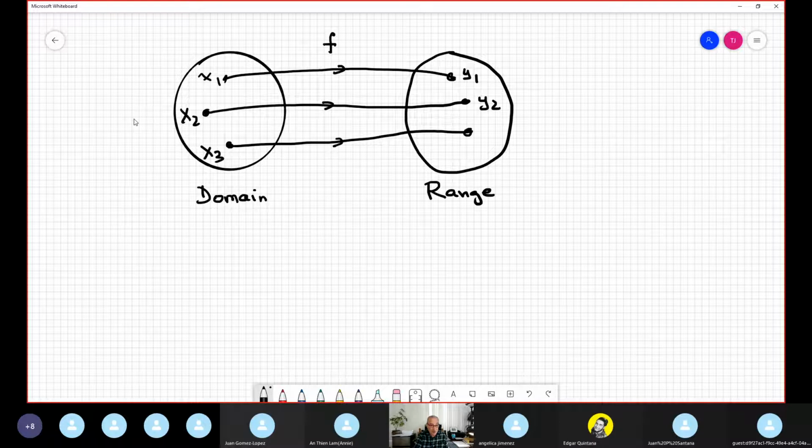But the important thing is that the domain of f is equal to the range. So when you are doing the inverse, it is in the opposite direction. This is the inverse. Okay, you can see that you interchange domain and range. The domain of f would be the range of the inverse.